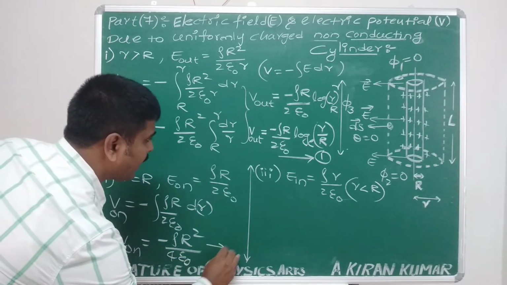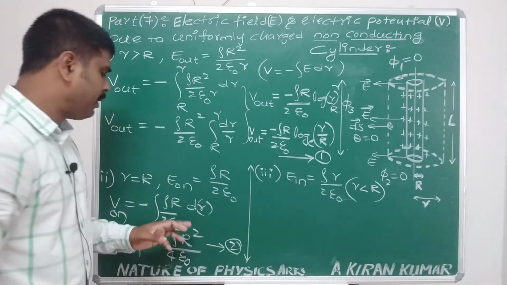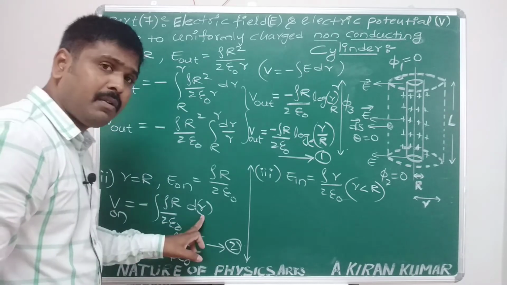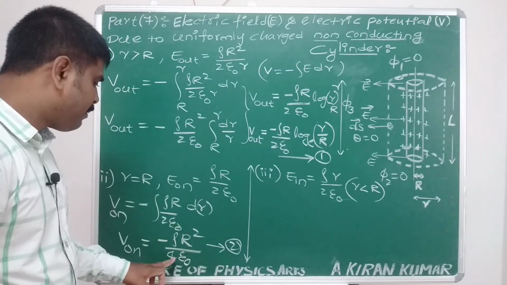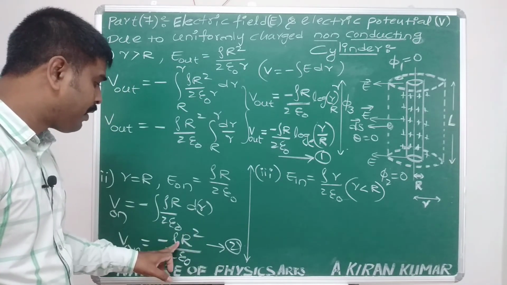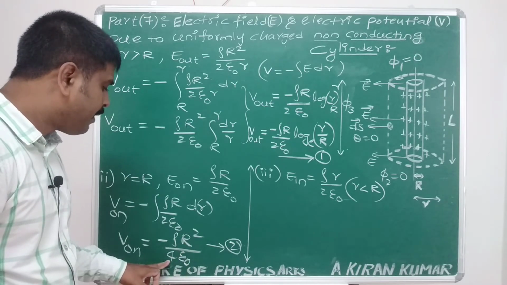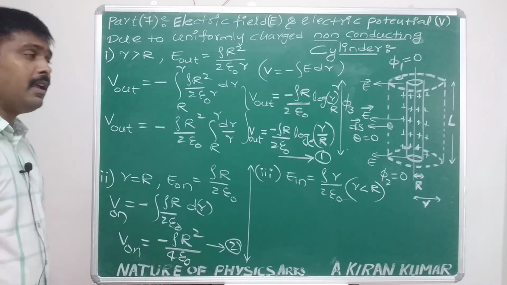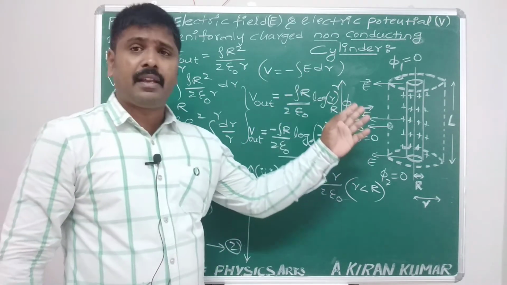This is taken as equation number 2. This is r into dr, because small r is equal to capital R, giving r square by 2, and 2 is already there, so rho R square divided by 4 epsilon naught. This is the potential on the surface of the non-conducting cylinder.